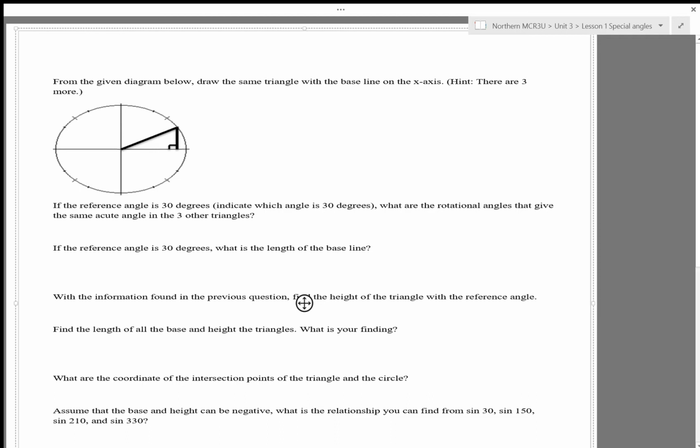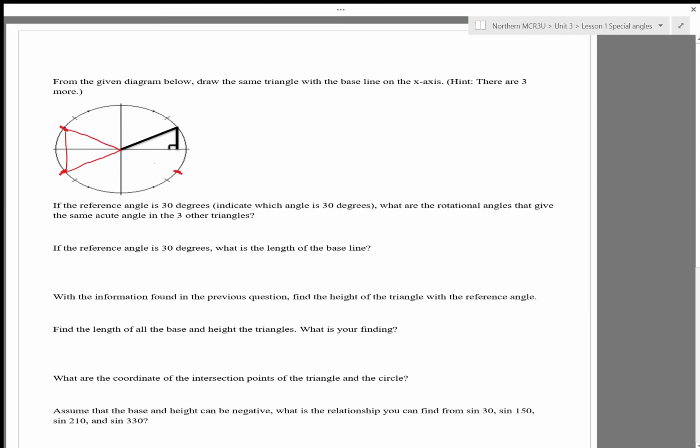So if you can see it, the terminal arm landed here with the first point, and this point, somewhat the same location-wise in terms of the rotational angle or the reference angle. So what I'm going to do is draw the triangles.